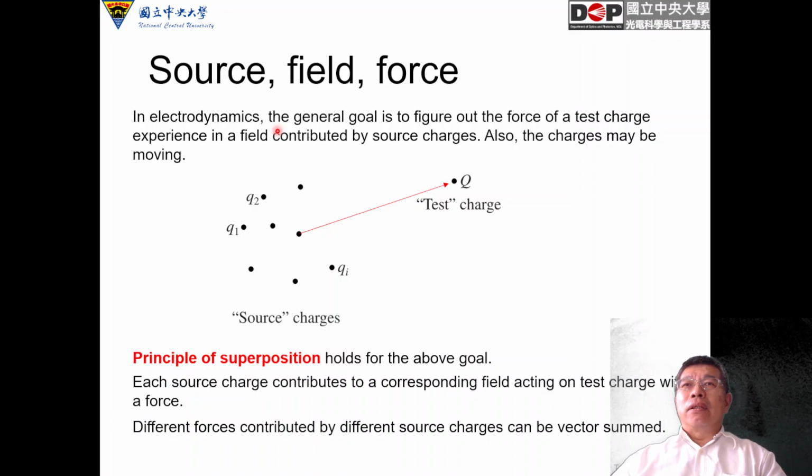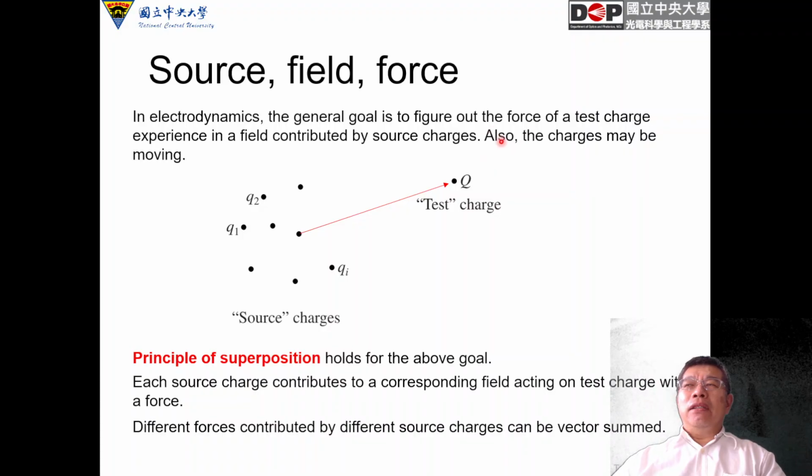Anyway, the general goal is to figure out the force a test charge experiences in a field contributed by source charges. Okay, so here are several things. Just like we said, there is force that we need to worry about, and the force is coming from the field, and the field is contributed by the source. So that's the idea.